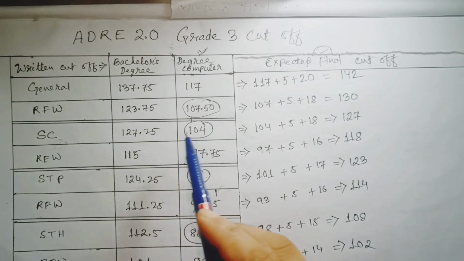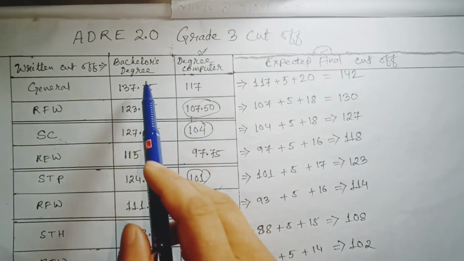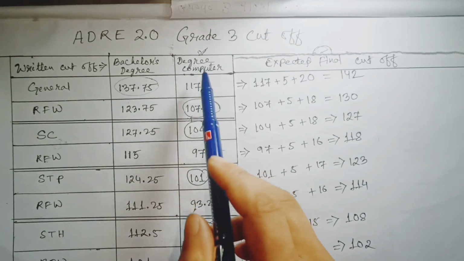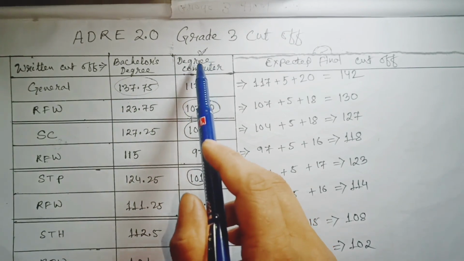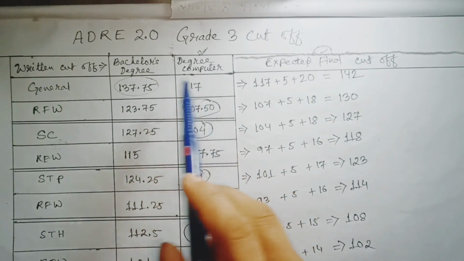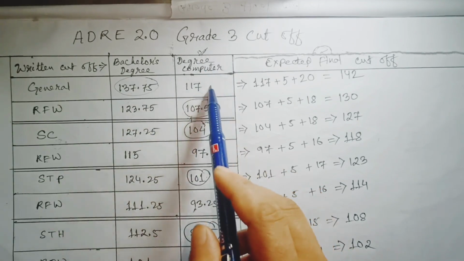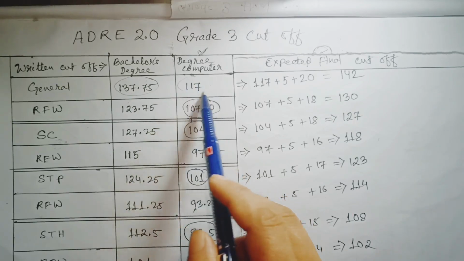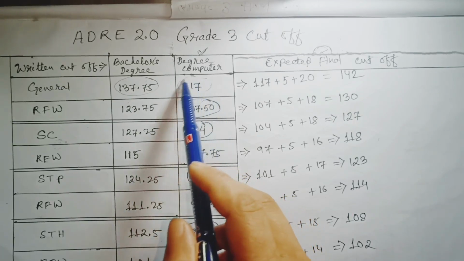Most of the candidates who get selected in the bachelor's degree will definitely be selected in the degree with computer. So there will be less chance of overlapping here, because the cutoff here was lower.